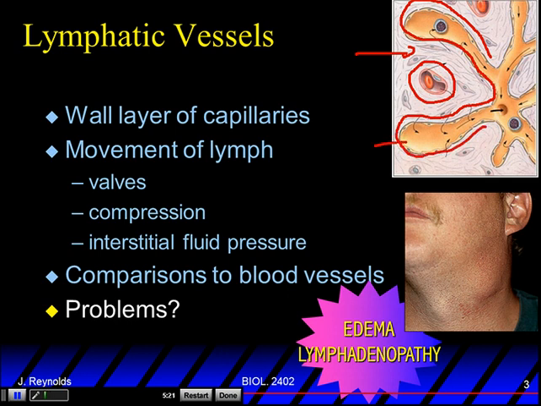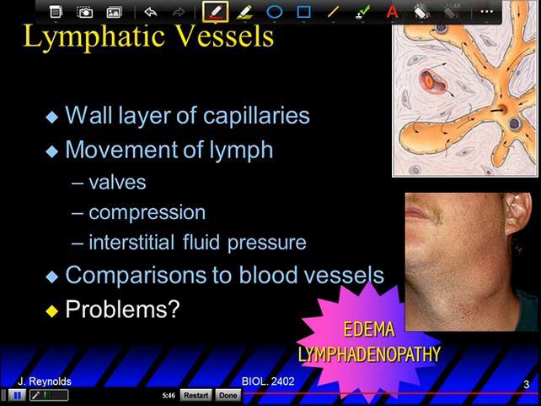Now, these are called blind-ended because they start right there. There is no start in a blood capillary. So the tissue fluid out here, interstitial fluid right here, remember it leaked out of the blood vessel and comes out this way, and now it's going to get swept up into the lymphatic capillaries. So they're called blind-ended capillaries.